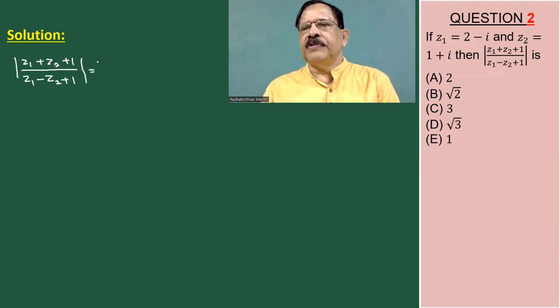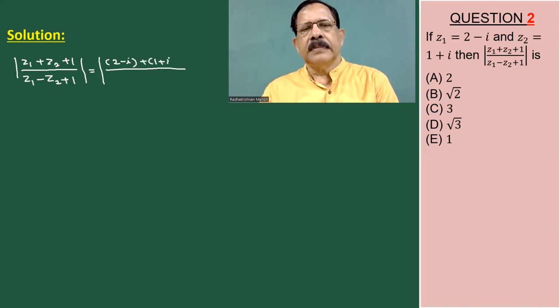We substitute for Z1 and Z2: Z1 is 2 minus i, Z2 is 1 plus i, plus 1, divided by, in the denominator, 2 minus i minus 1 plus i, then plus 1.